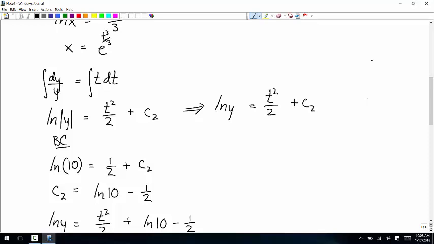And then before I go to the boundary conditions, take e to the power of both sides here. We get y is equal to e to the t squared over 2 times e to the c2. And e to the c2 is just a new constant, so y is equal to, I'll call it c3, times e to the t squared over 2. And then you can use the boundary condition from there.